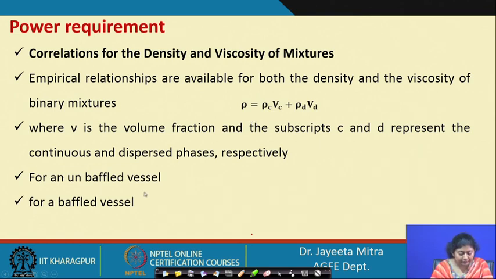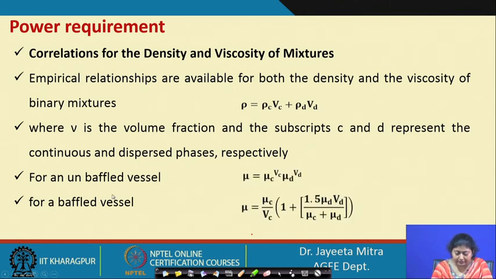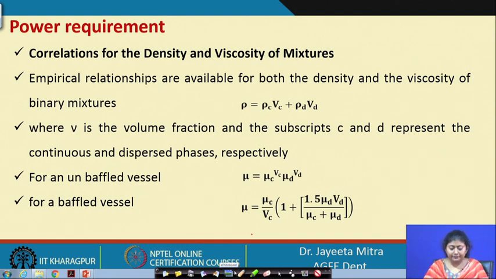Now, for an unbaffled vessel and for baffled vessel, what will be the case? For unbaffled vessel, mu, the combined viscosity, will be the viscosity of the continuous phase to the power of its volume fraction, into the viscosity of the dispersed phase to the power of its volume fraction.